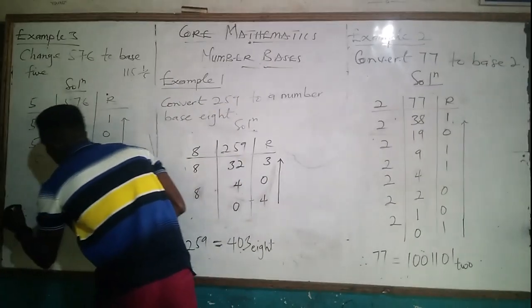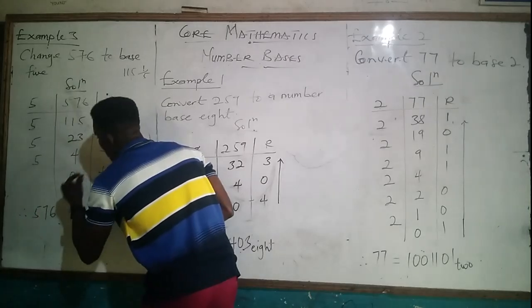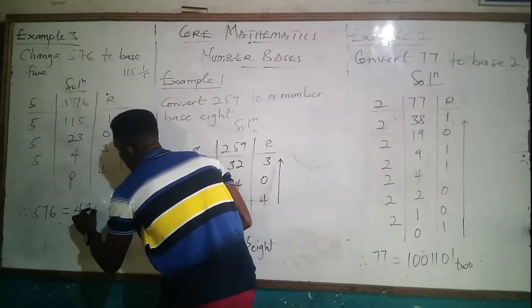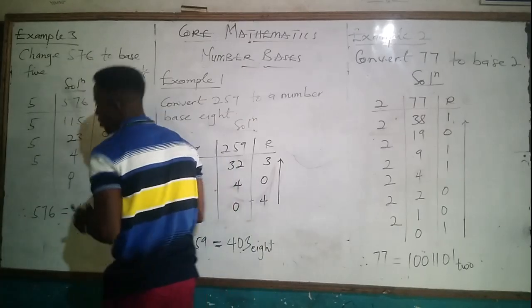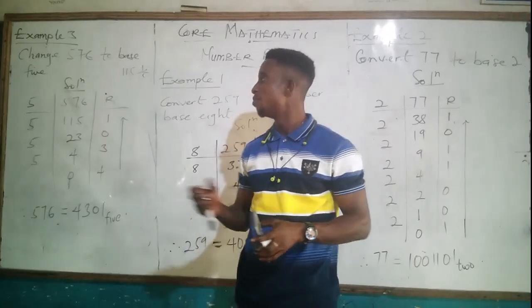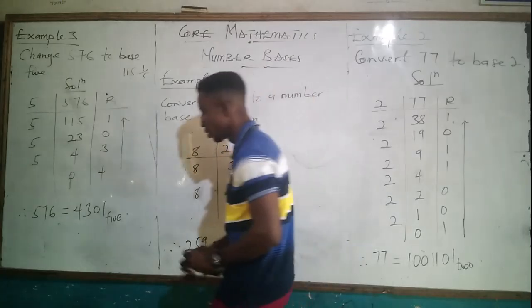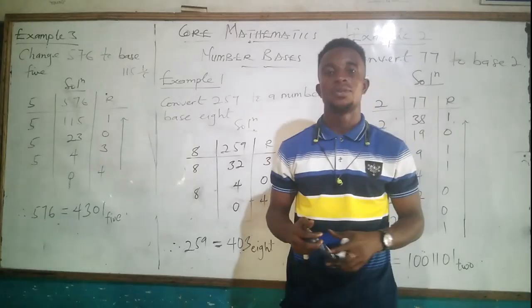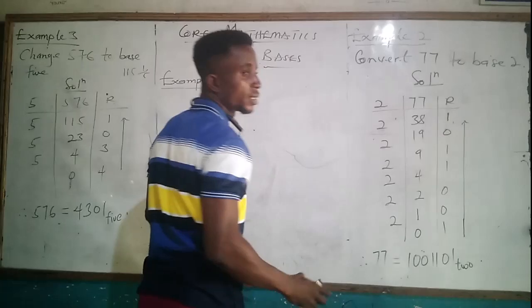Therefore 576 base 10 is equal to 4301 base 5. That is that. So this one has been converted to that. So the next example is example number 4.